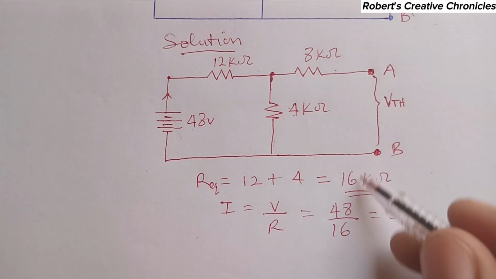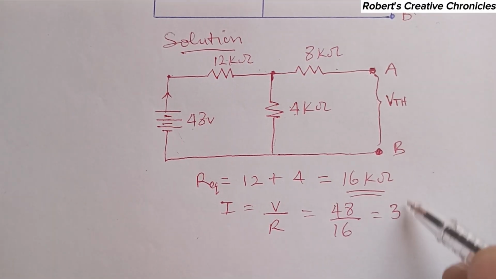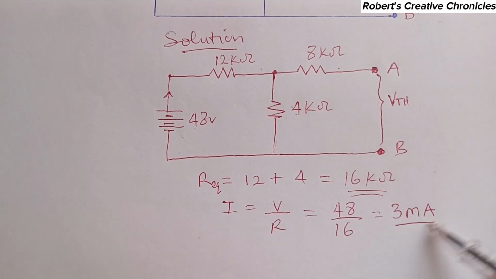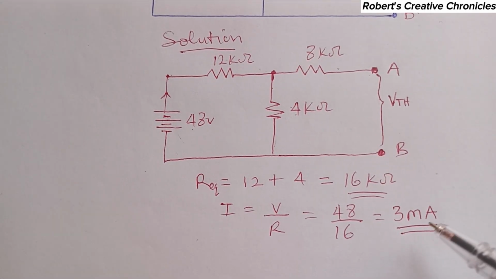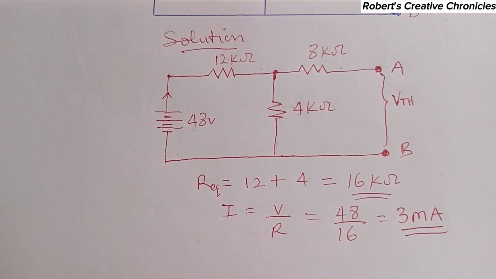Then 1 divided by 1,000, which is 1 over kilo, is milli. It's 10 raised to the power minus 3, which is milliampere. So this is the current flowing through this circuit: 3 milliamperes.